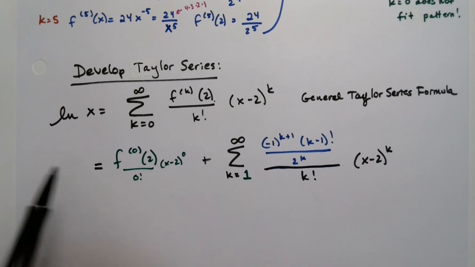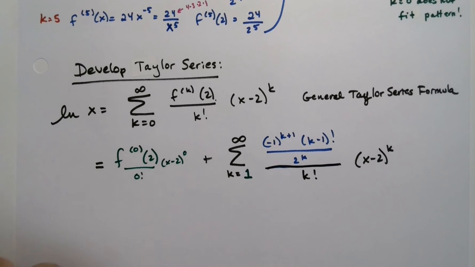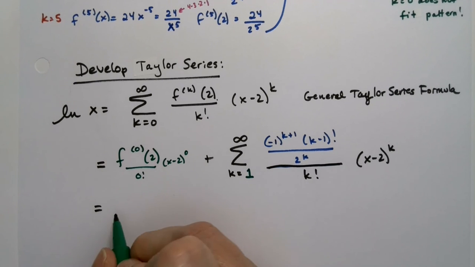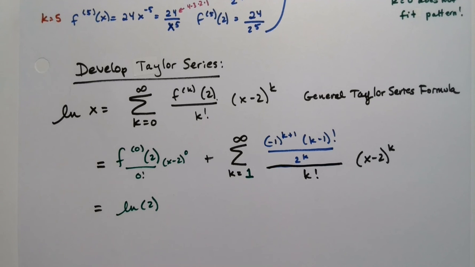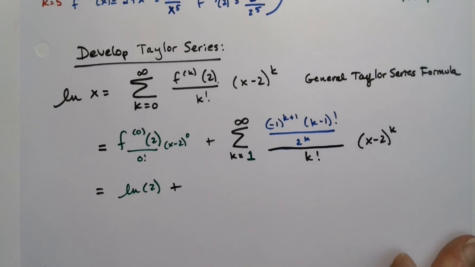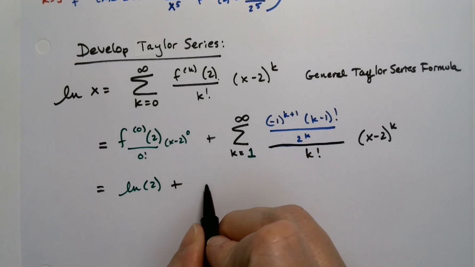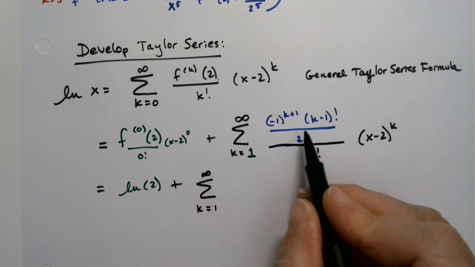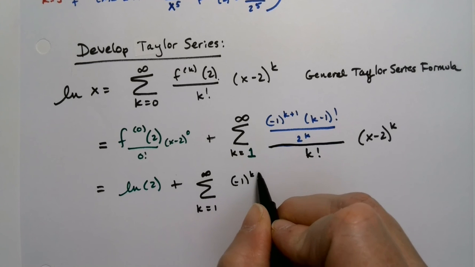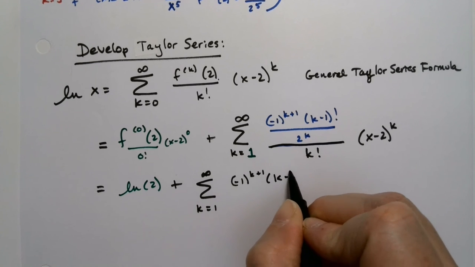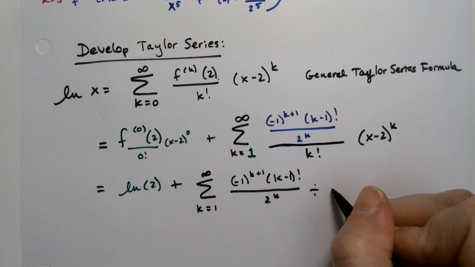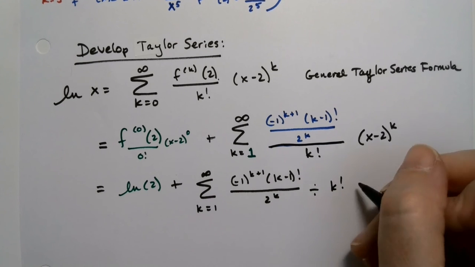Okay, well, this part is easy. We know that this is the natural log of 2. I mean, we already found it up above. So this will be the natural log of 2 plus, and we have to do just a little bit of simple algebra here. So we have to go from k equals 1 to infinity. I'm going to rewrite this. This is negative 1 to the k plus 1, k minus 1 factorial, divided by 2 to the k, and that's divided by k factorial.